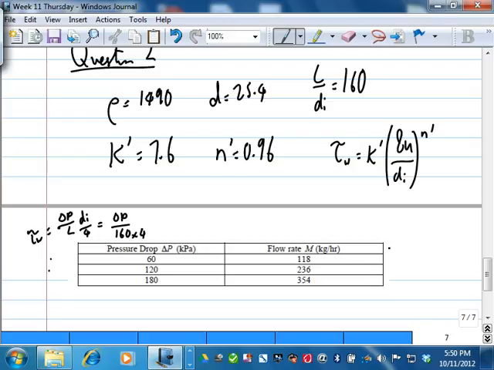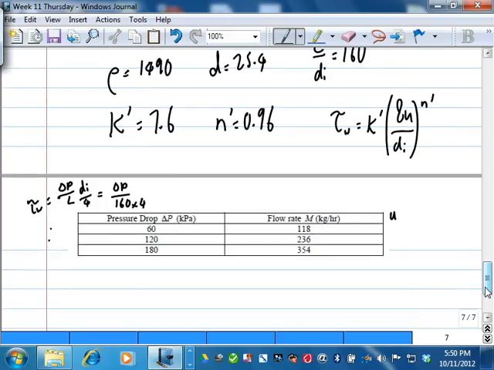On this side, we need the flow rate in kilograms per hour, and we need to find the velocity U. m dot is equal to rho A V. We want V, so V is equal to m dot over rho A, where m dot is given.